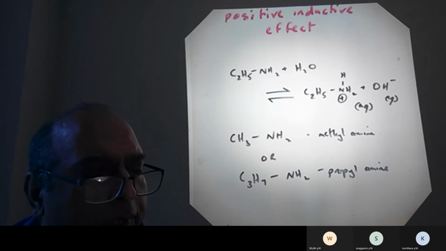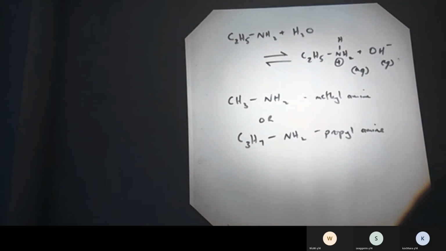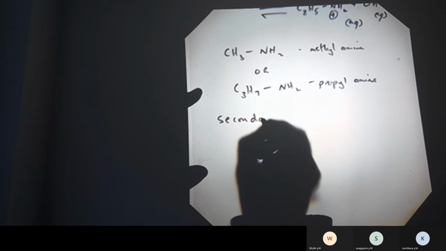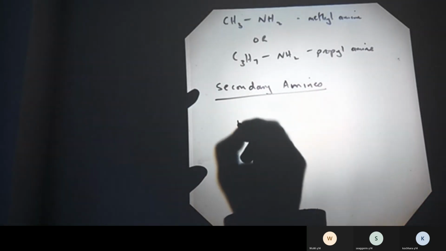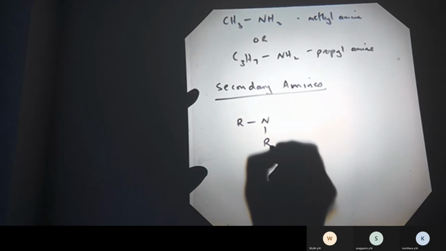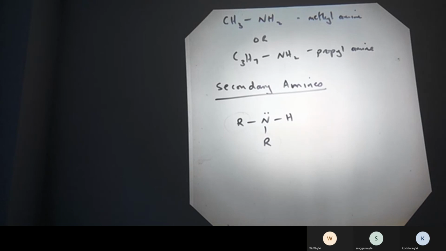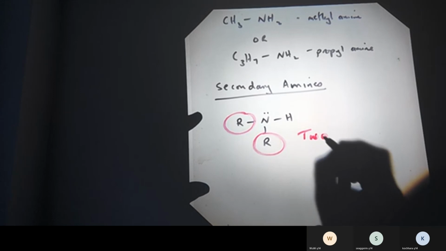Then we can move on to the discussion of secondary amines. This should be obvious now if you've understood the first discussion. To remind you what they are, instead of having one alkyl group, we've got two alkyl groups.